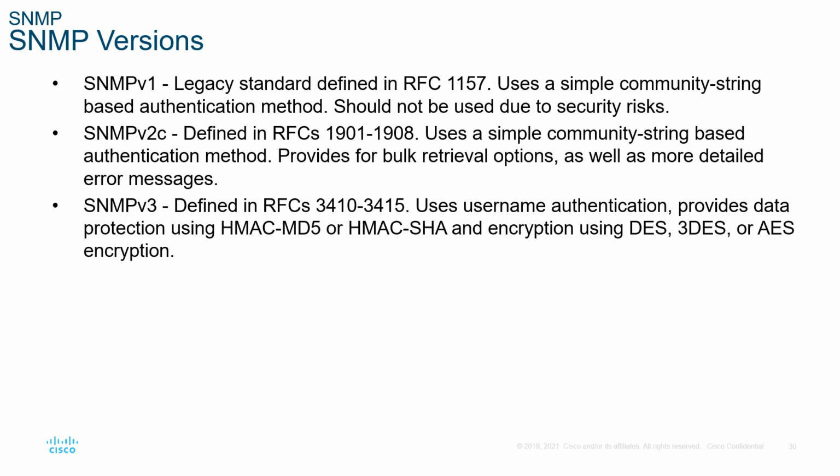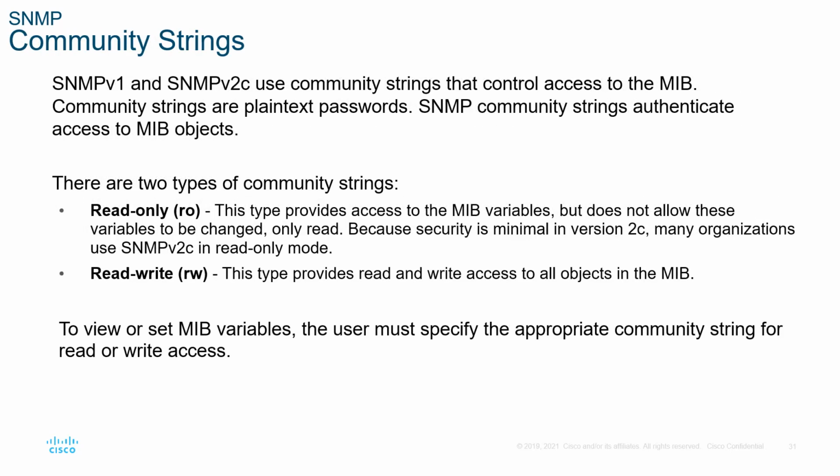It does still have authentication methods, and it does provide for bulk retrieval options, but again, it's not as secure as our version 3. So version 1 and version 2 both use what's called a community string, and that controls the access to the MIB.